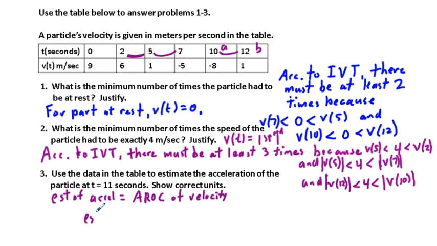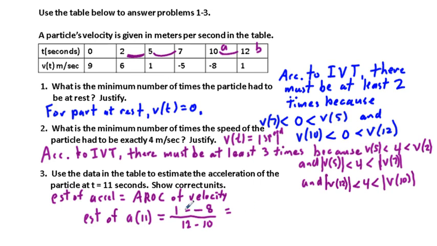So estimate of a of 11, meaning acceleration at 11 seconds, equals f of b, which is 1, minus negative 8, over 12 minus 10.